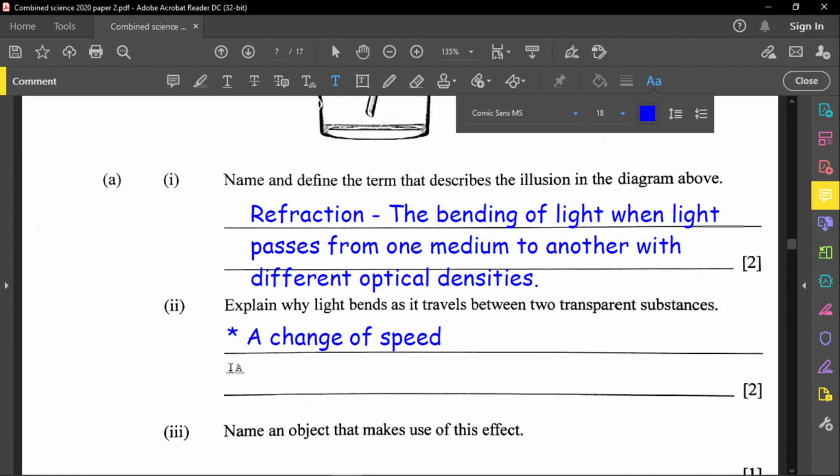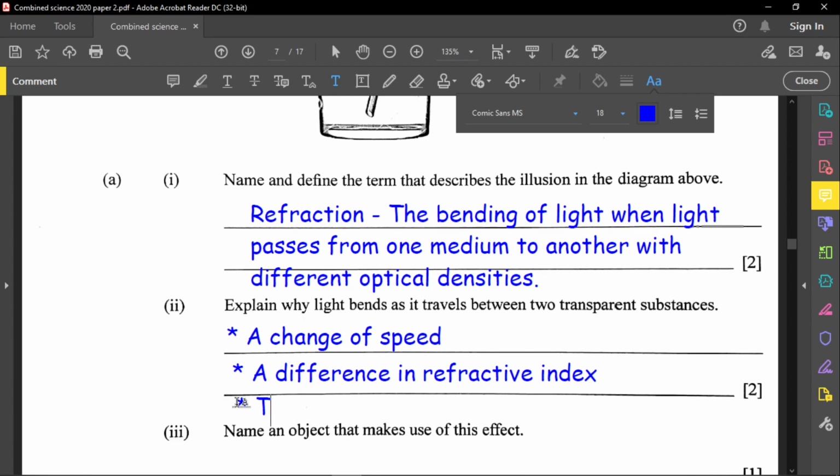Another reason is that there is a difference in refractive index between the materials. And because of this, the direction will change.